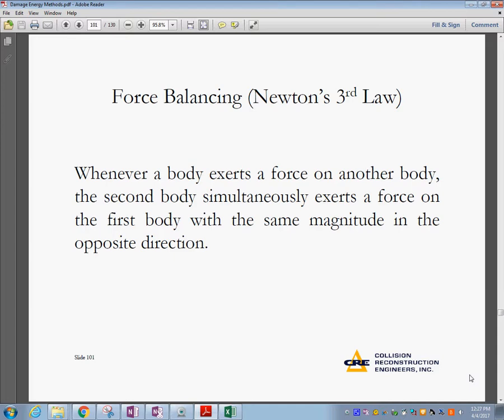Okay, let's talk about Newton's third law. It says that whenever a body exerts a force on another body, the second body will exert a force on the first. Same magnitude but opposite direction.